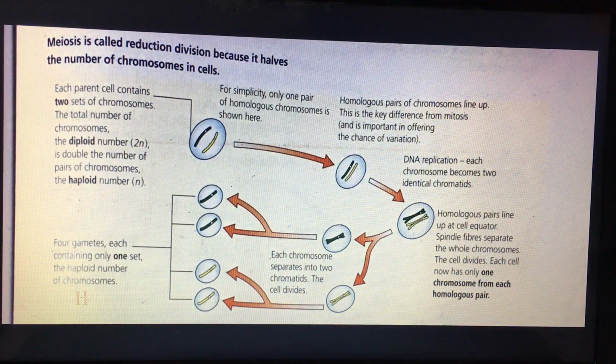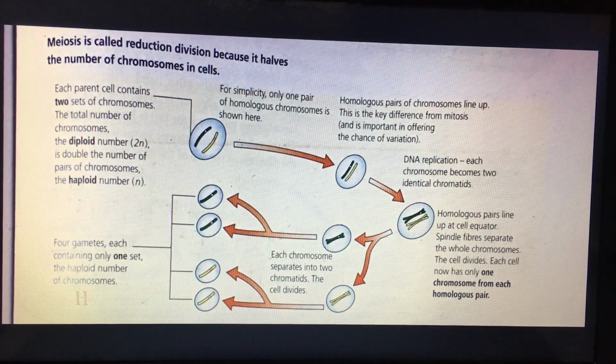So, again, meiosis is called reduction division because it halves the number of chromosomes in cells. If I ask you to explain why meiosis is called reduction division, this is the answer: because it halves the number of chromosomes in cells. Okay, let's start the process.